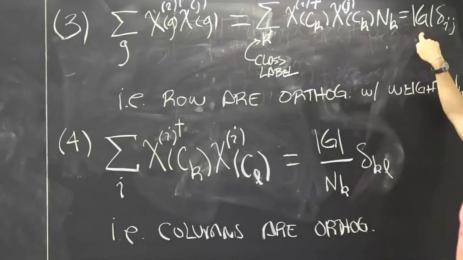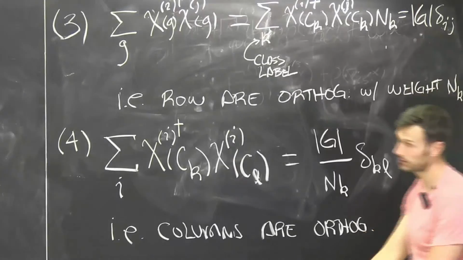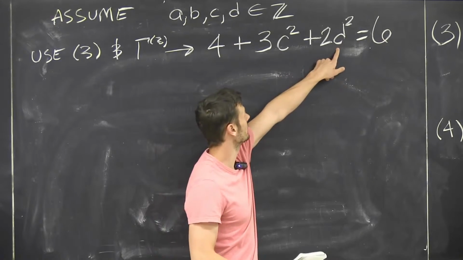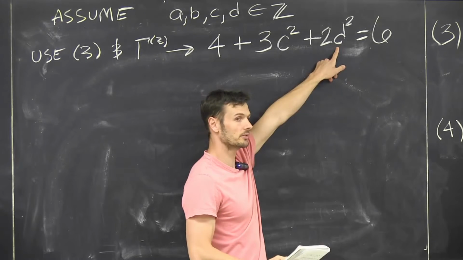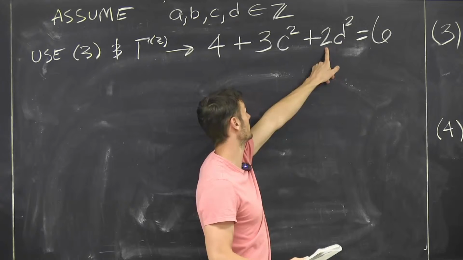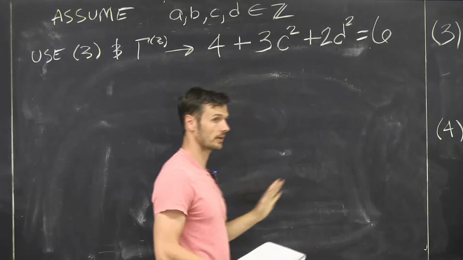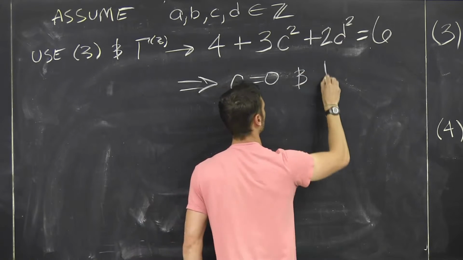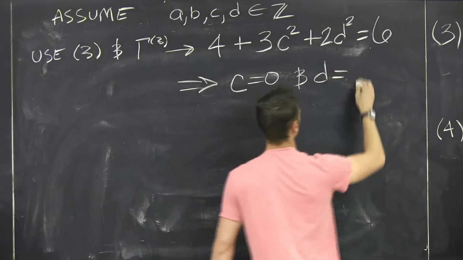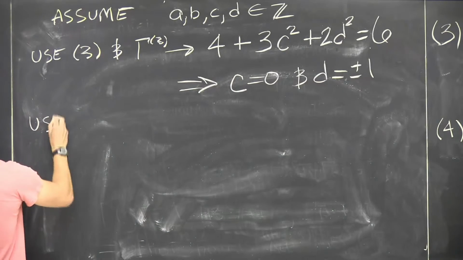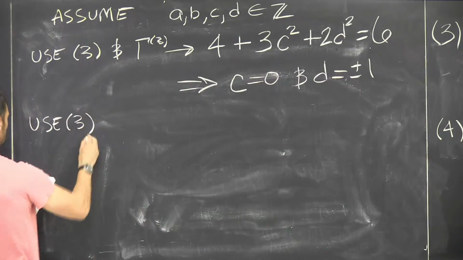Since I'm doing the same row, that has to add up to the order of the group, which is 6. This tells me that c has to be 0, right? Because d is an integer, so its square is a positive number. So if any number besides 1 is here, and this isn't 0, then it's not going to work out. And not that it matters too much, but this would also tell us that d has to be plus or minus 1.